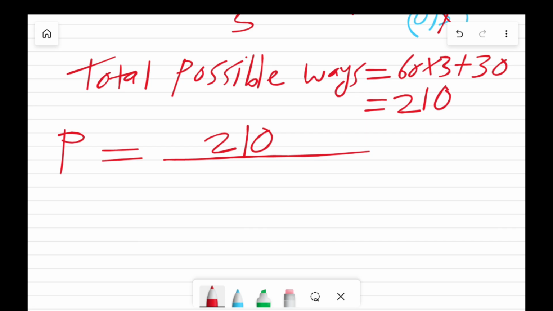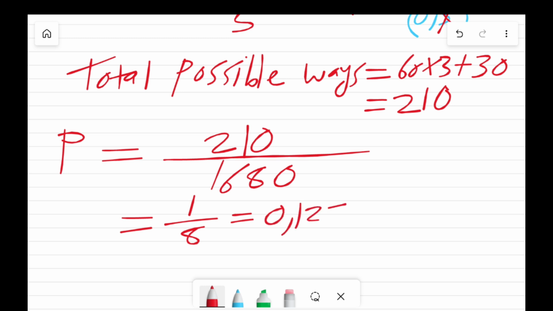Remember the sample space is 1680, we got that from the previous question, right? And the answer that we're going to get here is actually 1 over 8, or someone can write it as 0.125.